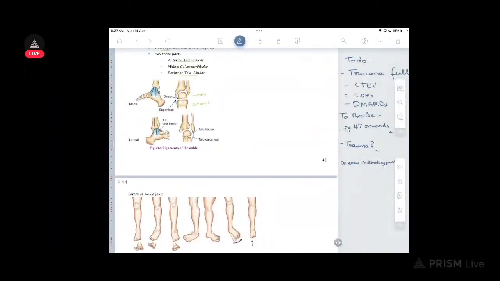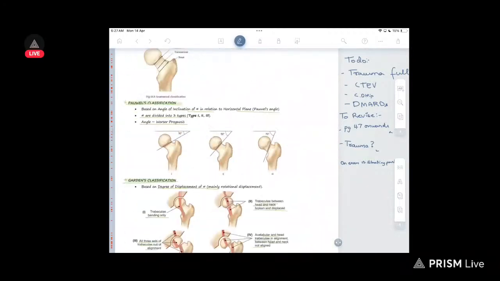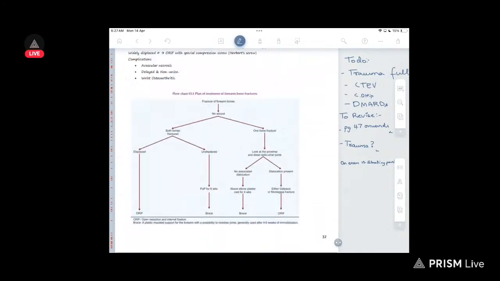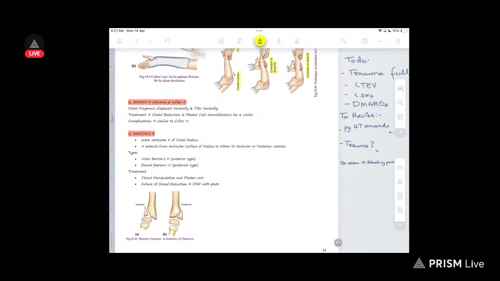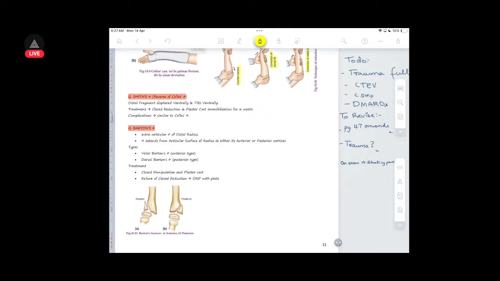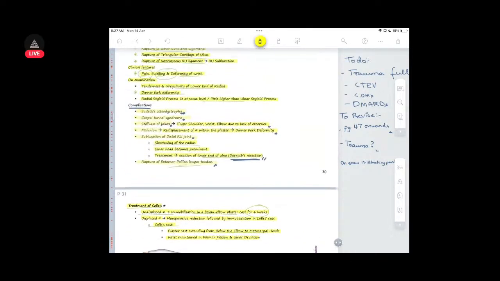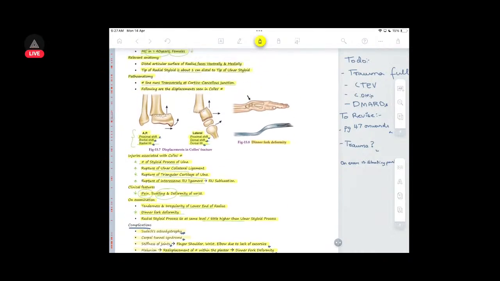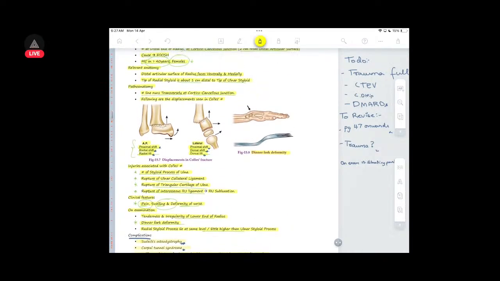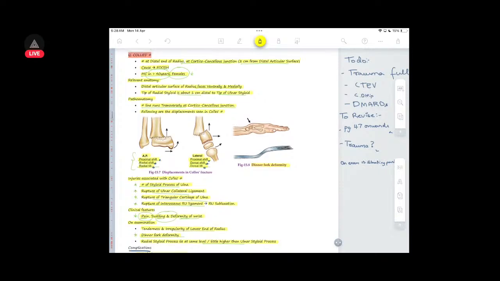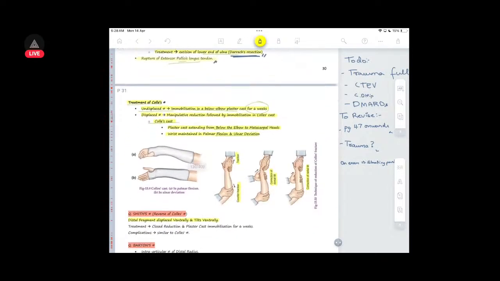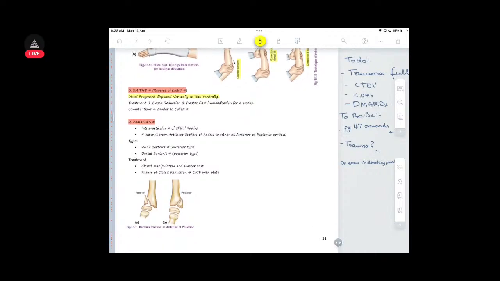Okay, so continuing. You have Smith's fracture, which is the reverse of Colles. The distal fragment is displaced and tilts ventrally, whereas in Colles it was tilting dorsally.